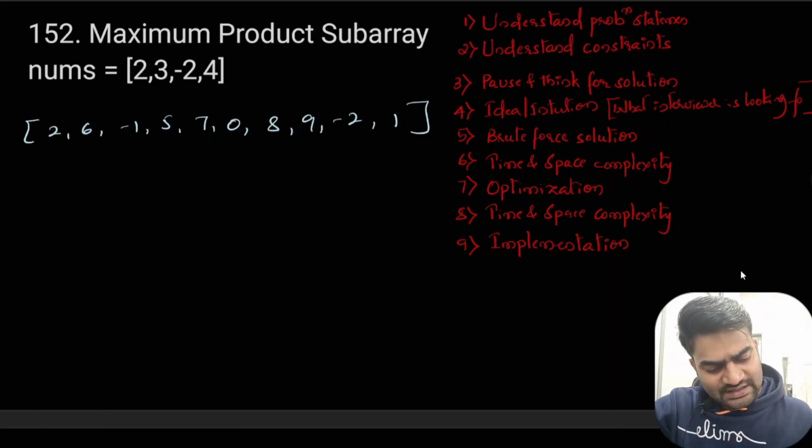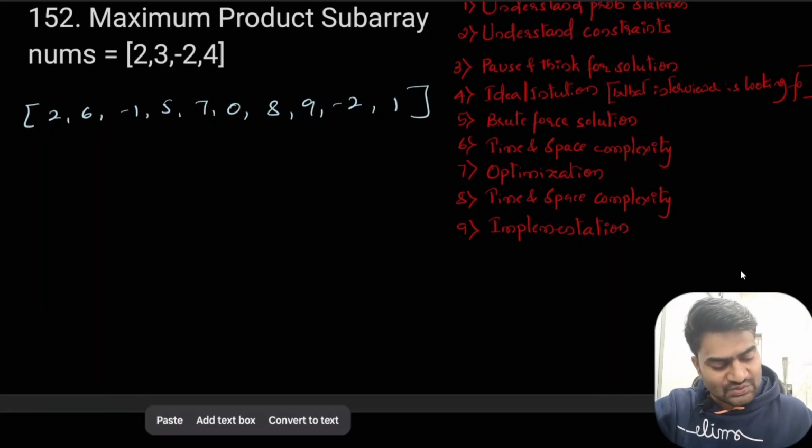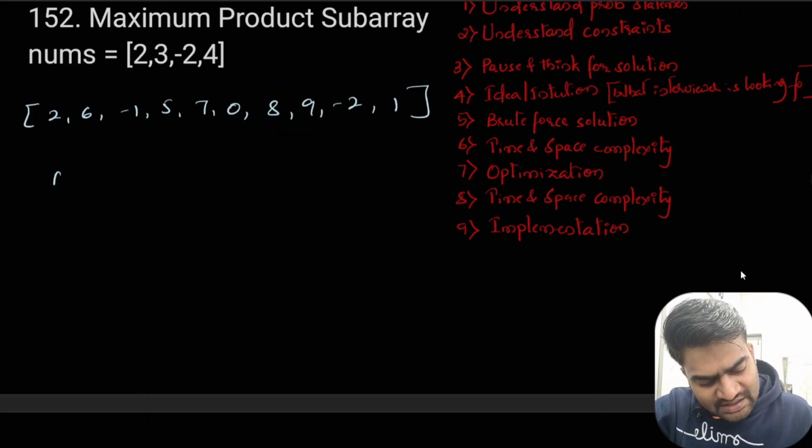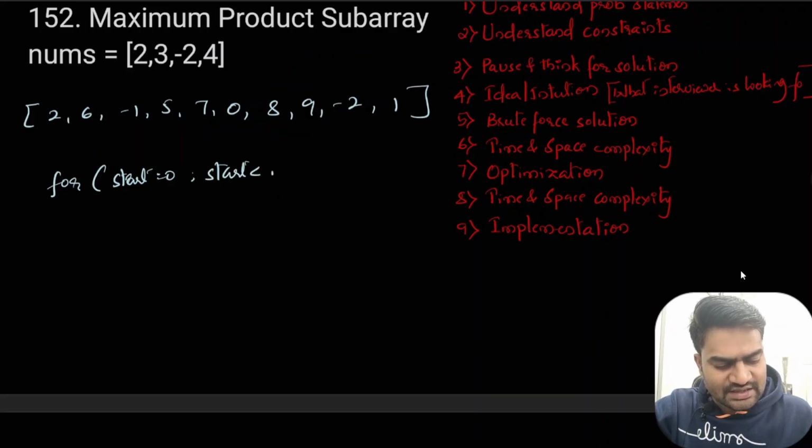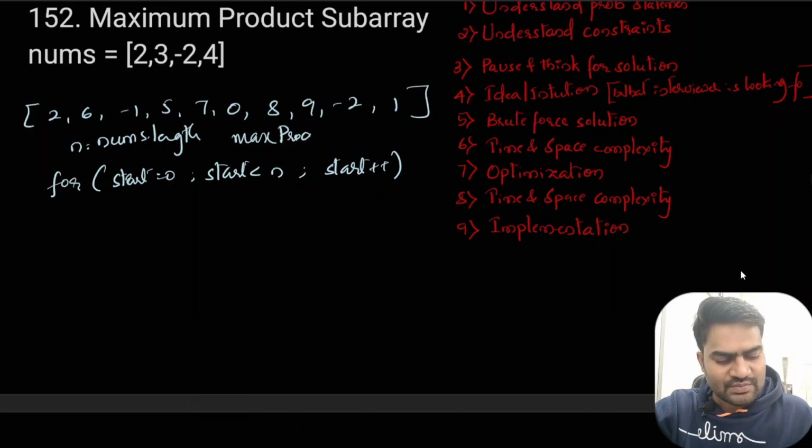Okay, with that, let us try to come up with the pseudocode. So I need a for loop: for start equal to 0, start less than n, start plus plus. Here n will be nums.length. Then I will take another variable, maximum product.